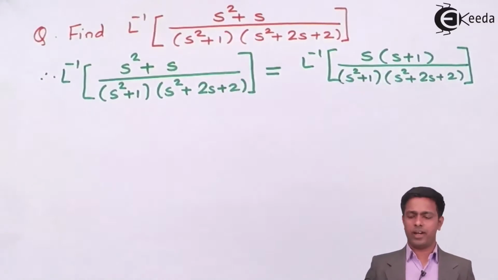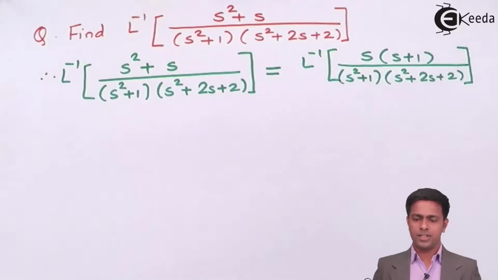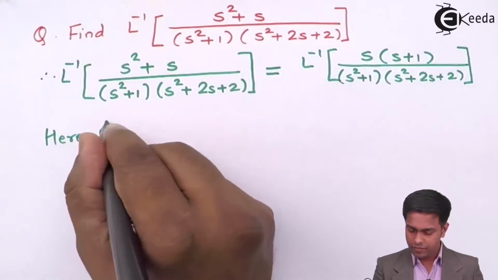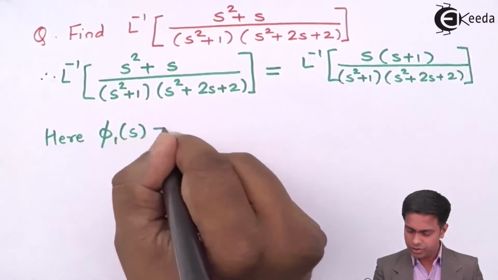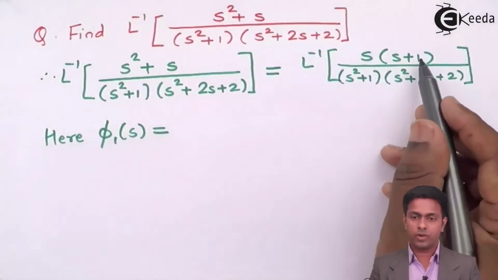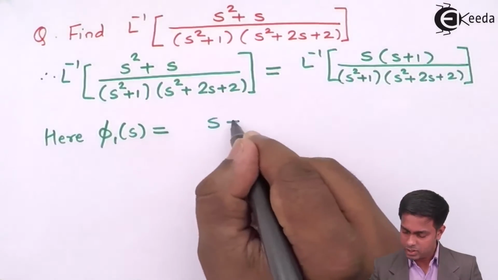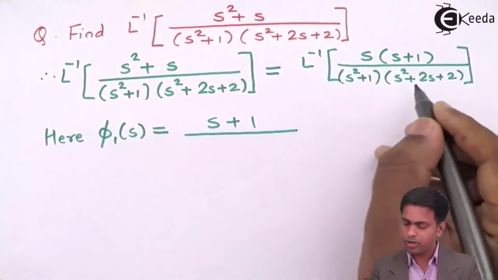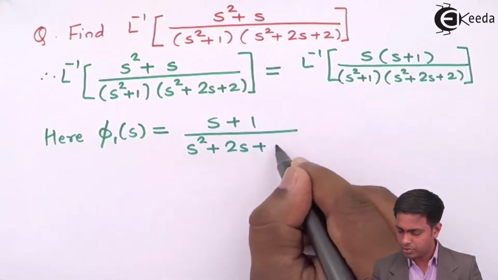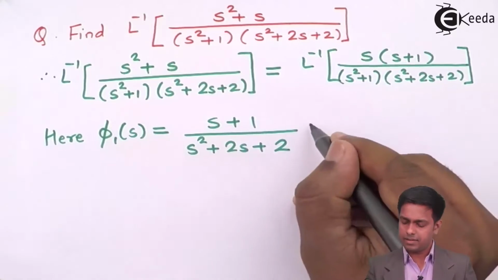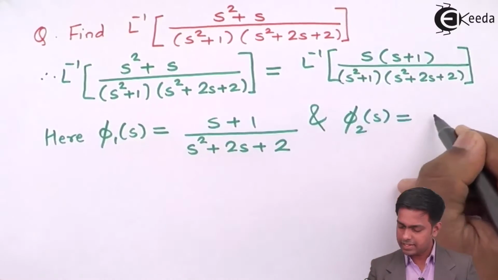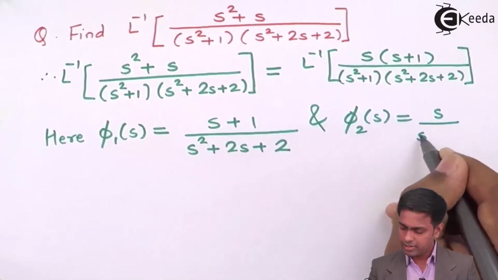Now we divide this function into two parts. The phi1 of s, the first function, is s plus 1 upon s square plus 2s plus 2, and we will call phi2 of s as s upon s square plus 1.